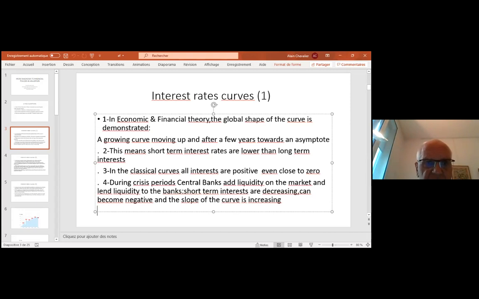A growing curve is moving up, and after a few years, it moves towards an asymptote. That means clearly that short-term interest rates are lower than medium and long-term interest rates for a well arbitraged market, and also for the same firm or firms belonging to the same class of risk.